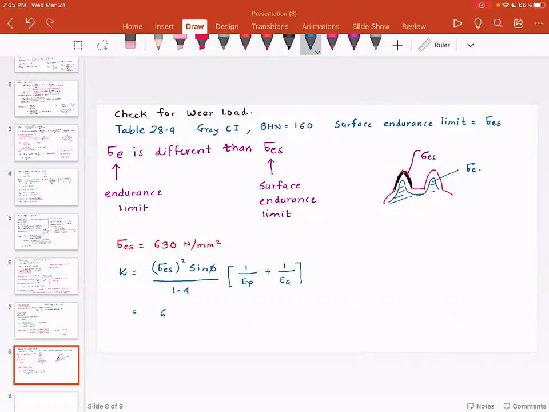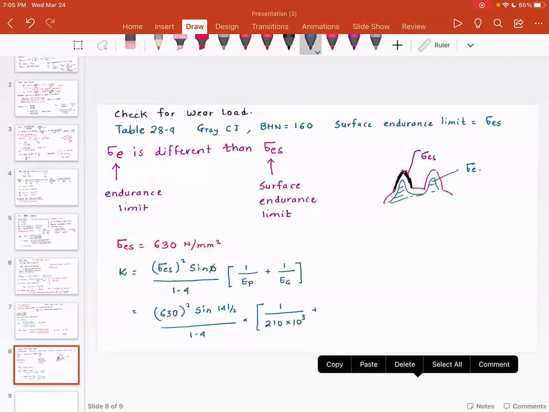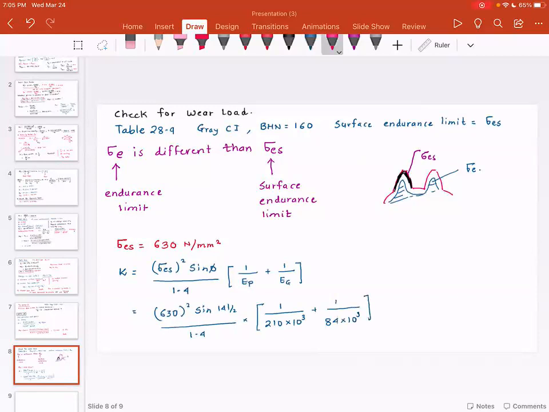Sigma ES is 630 square, sine of 14.5, 1.4, EP is 210 times 10 to the power 3 plus 1 times 10 to the power 3, is equal to 1.18 Newton per millimeter square.